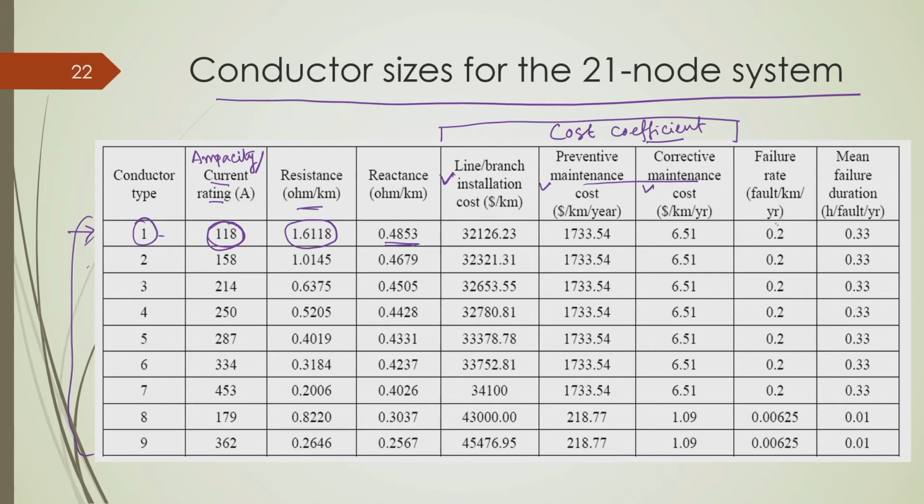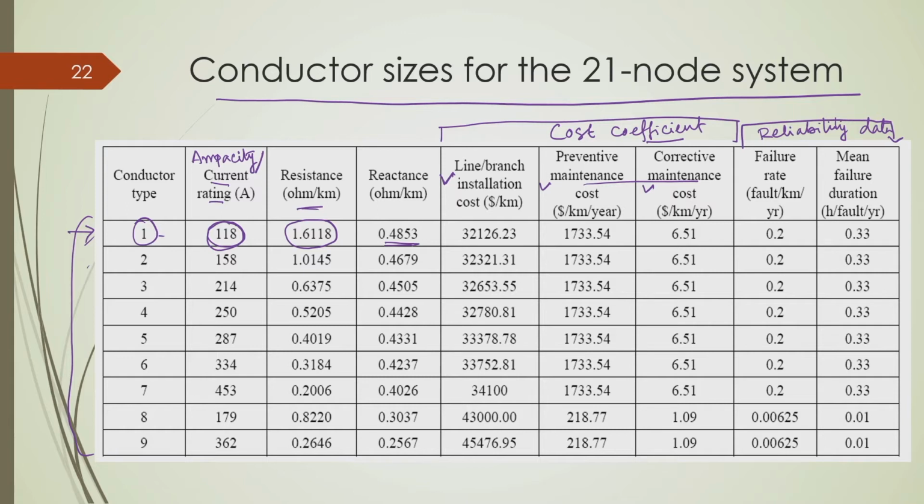Okay. And these last 2 columns represent reliability data. As you know, in my third module I explained that in order to estimate the reliability of a particular component, we need two data: one is called the failure rate, and the other is the mean failure duration.